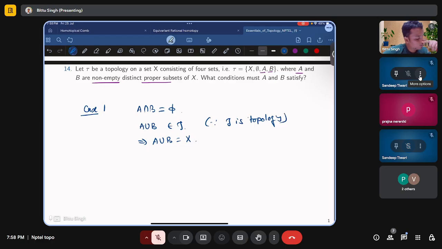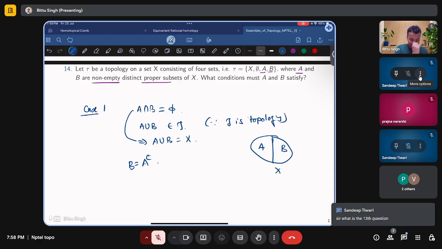So from here, it is clear that A, B forms a partition. Pictorially, this is X, and those two are A and B. Using those two properties, A and B are complements of each other, so this condition must hold in this case.